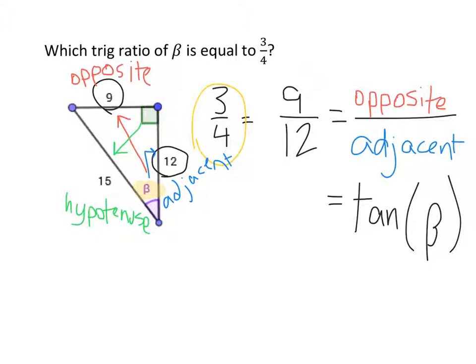Therefore, our final answer to which trig ratio of beta is equal to 3 over 4 is tangent of beta, which we would write out as 3 over 4 is equal to tangent of beta.